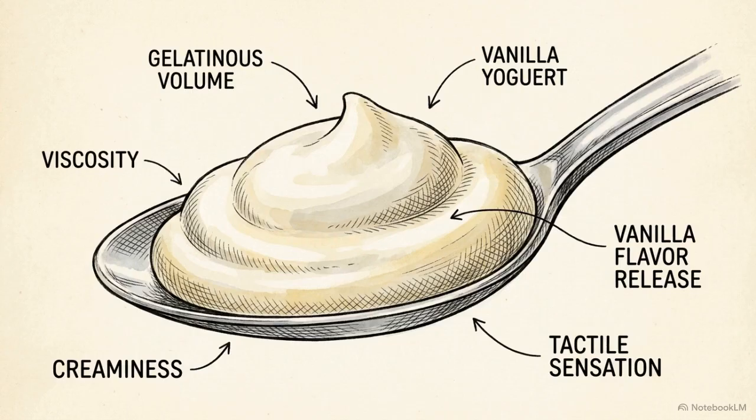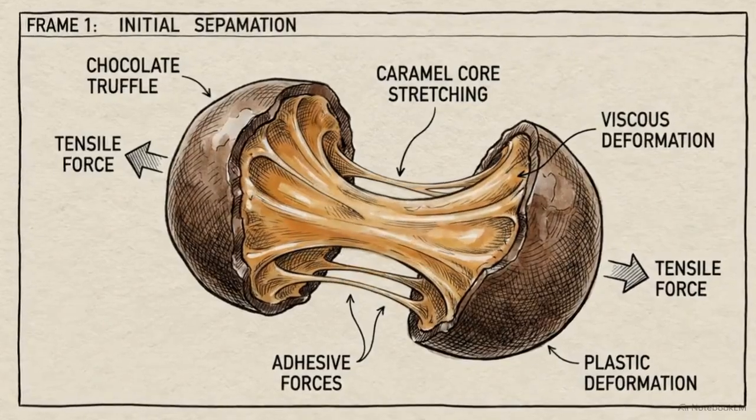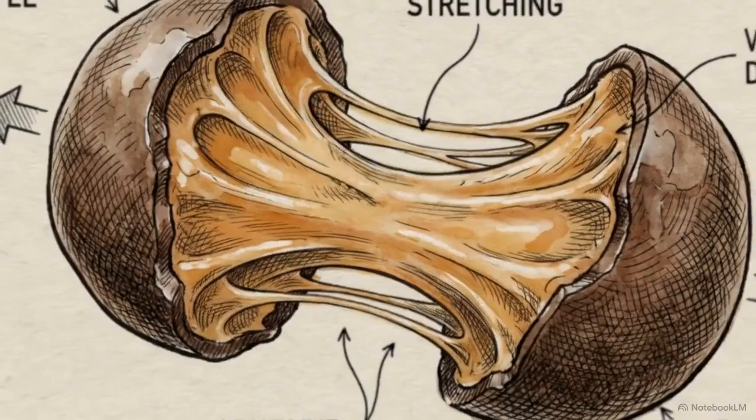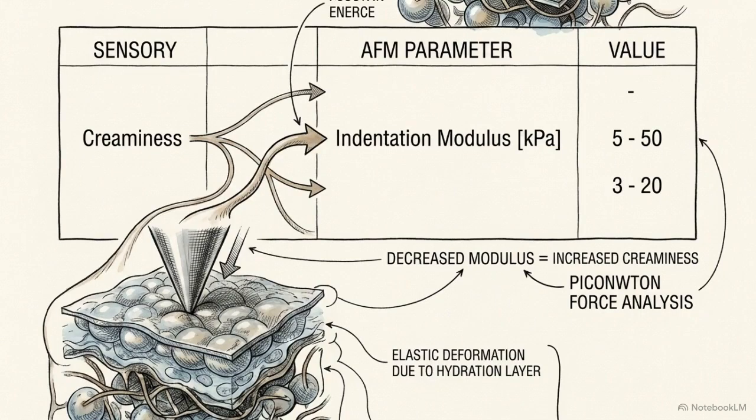The same physical parameters that govern stability also define the end user's sensory experience. Mouthfeel is strictly the result of quantifiable physical interactions between complex soft matter and human oral tissue during the process of mastication. We can correlate subjective sensory terms directly with objective mechanical parameters captured by the AFM probe.